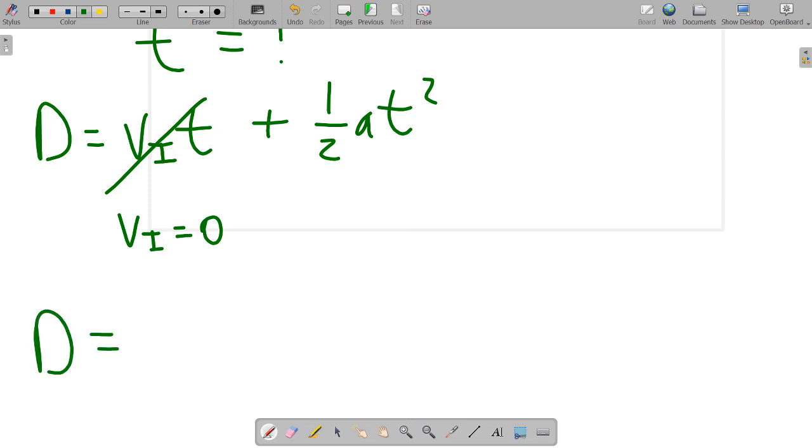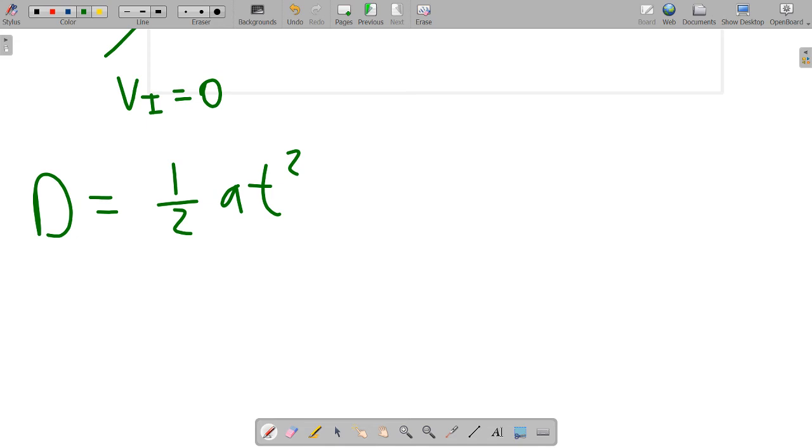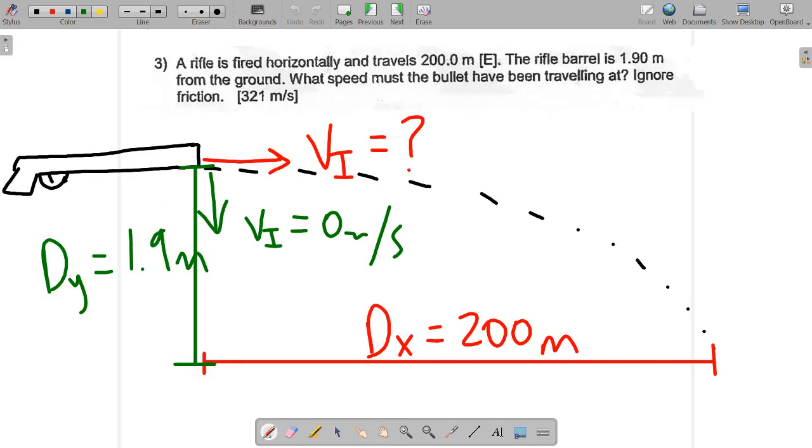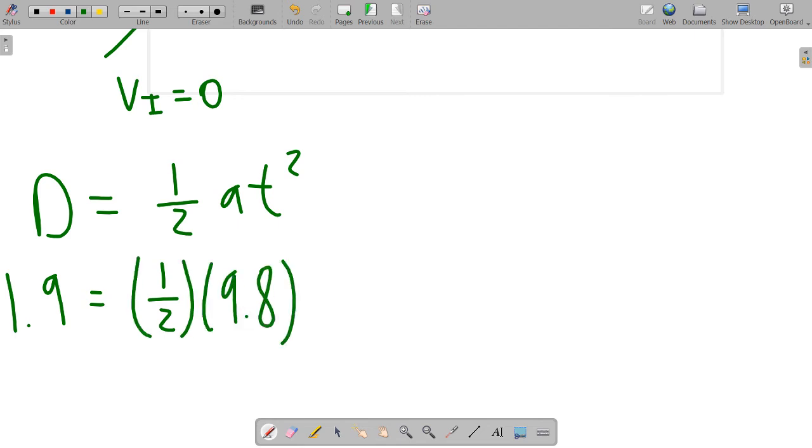So my displacement in the y direction is 1/2 multiplied by acceleration multiplied by time squared. Remember, we want to solve for the time in free fall. So in order to do that, we need to plug in the displacement. We're given the displacement in the y direction. The displacement was 1.9 meters. So let's plug that in to our equation: 1.9 meters. We know the acceleration of gravity is 9.8. And we're trying to find the time in free fall.